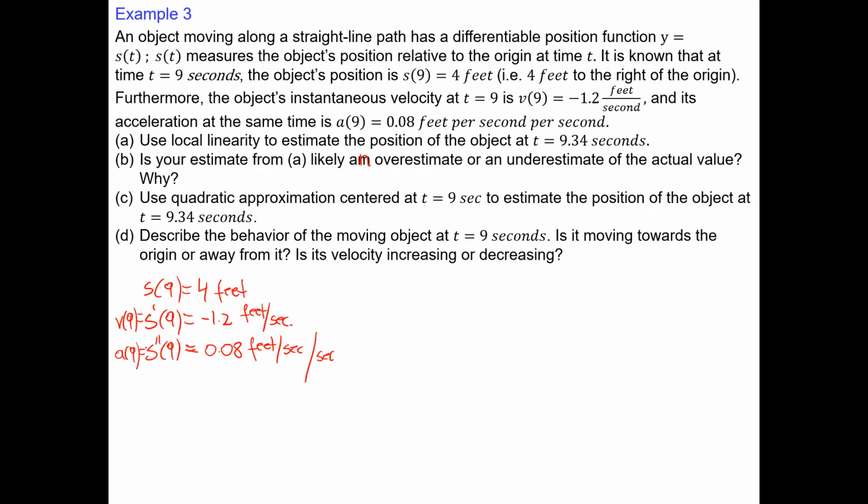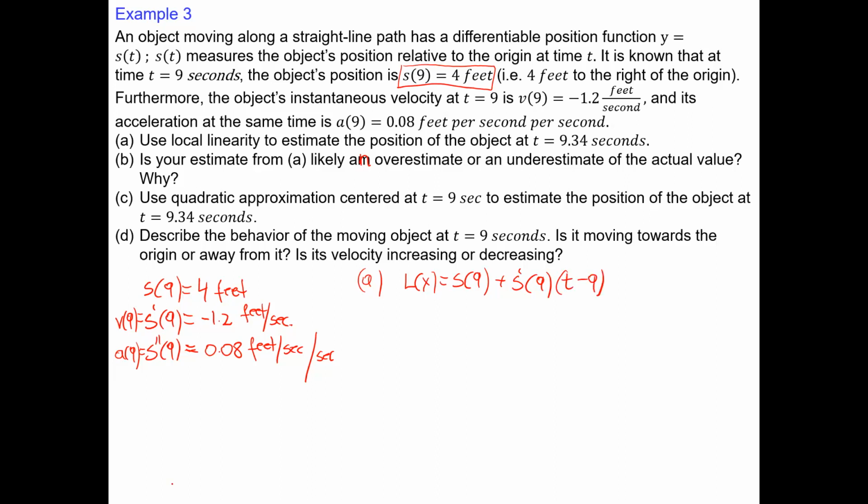Oh no, we do have the amount. I mean the distance, the position at 9. We have 9. Okay, use linearity. That's linearization. Linearization is S of 9. Let me do the shortcut instead of saying A, then S prime at 9, and then time minus 9.